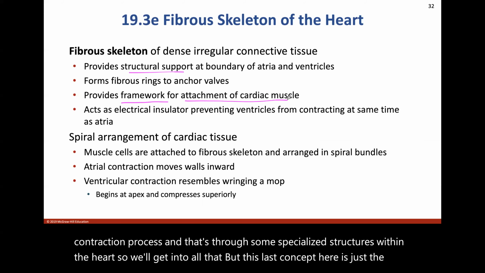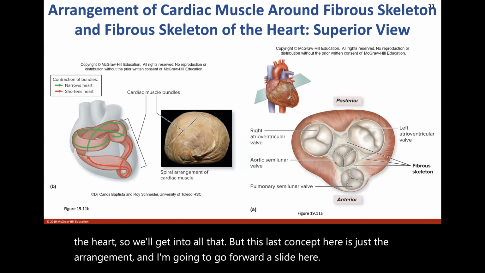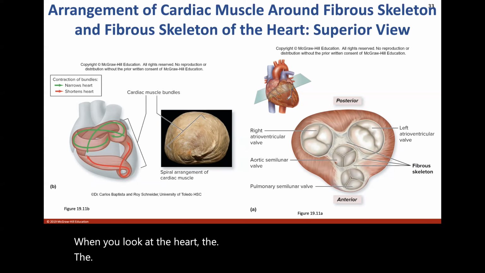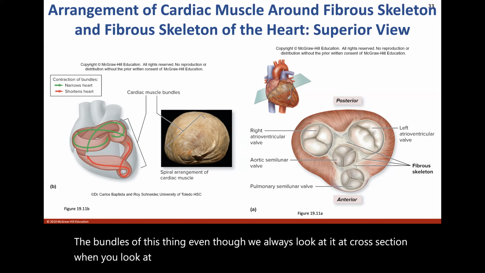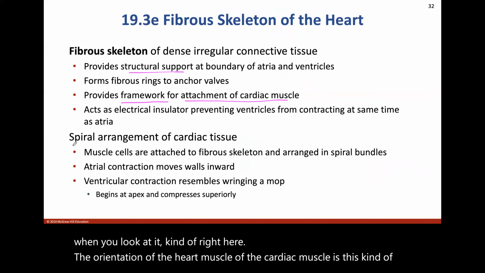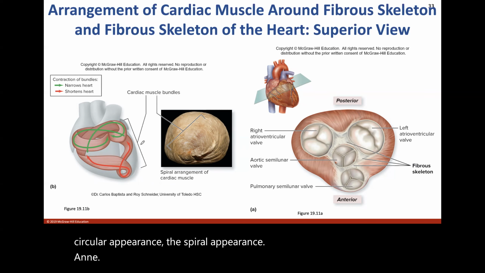I'm going to go forward a slide here. When you look at the heart, even though we always look at it in cross section, when you look at it right here, the orientation of the cardiac muscle bundles has this circular, spiral appearance. You're like, why would it do this?